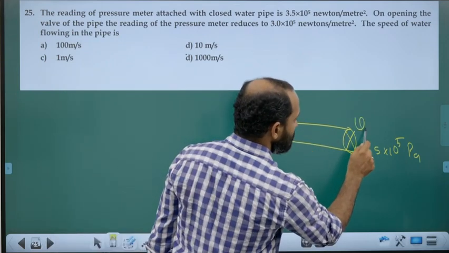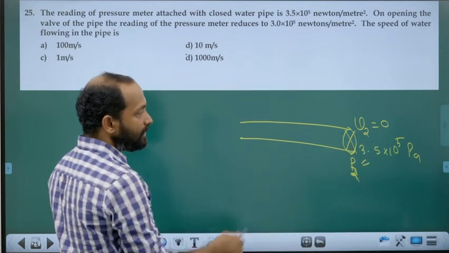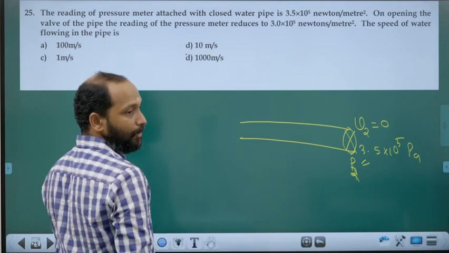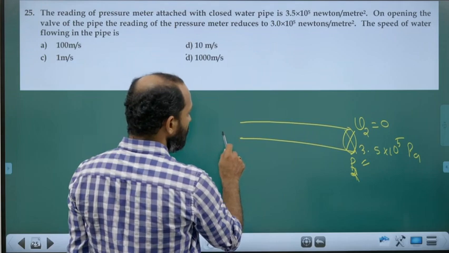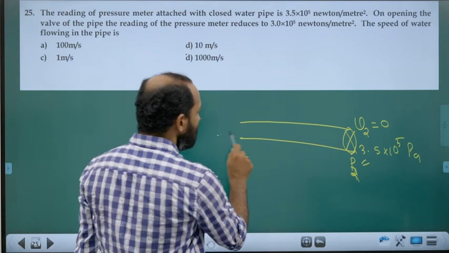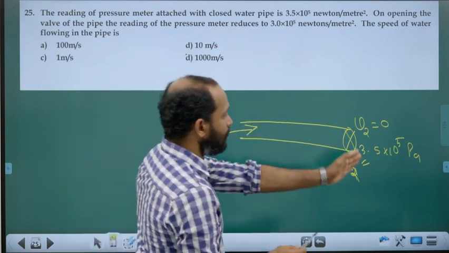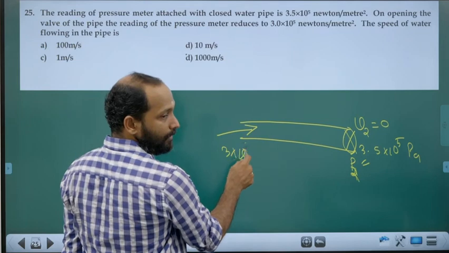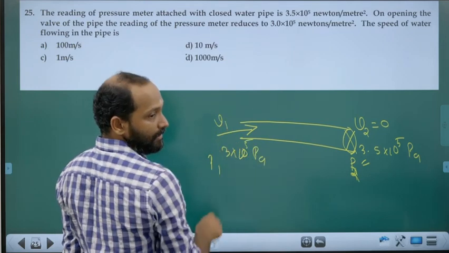So their velocity V2 has to be 0, because the water is at rest, stopped by the valve. By opening the valve, the reading reduces. Opening the valve, the reading will be same as the reading here. Here water was entering and it gets stopped there. So what is the entering reading? That is 3 into 10 power 5 Pascal. That is P1.